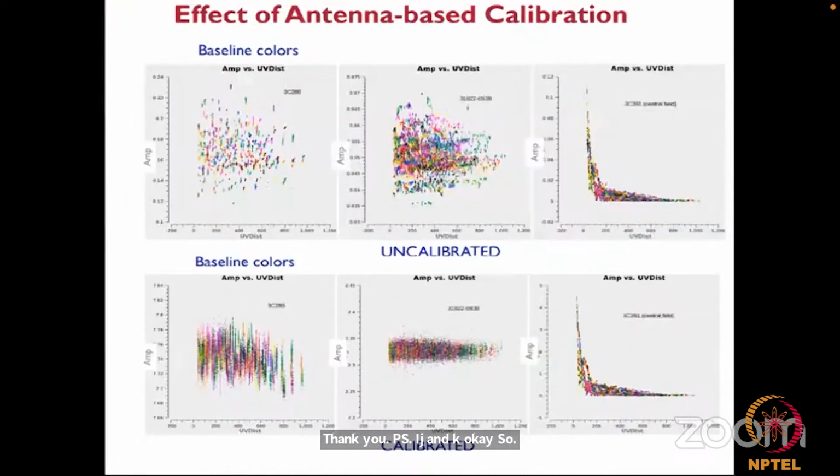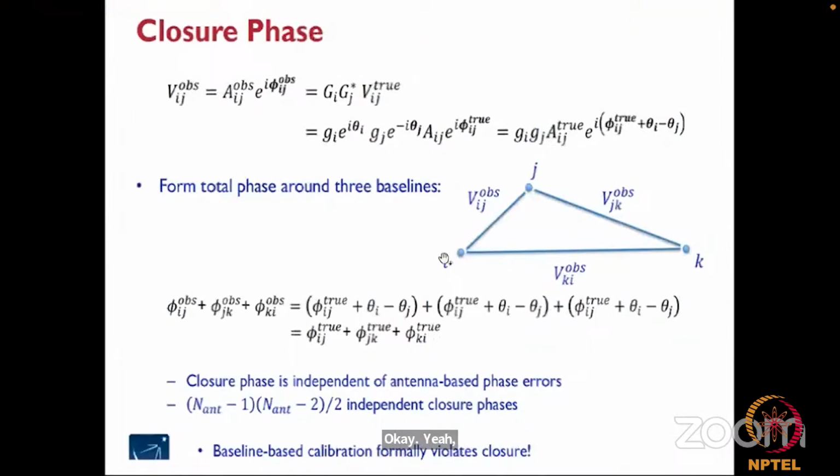If you write down the expression of the non-ideal observations and all the phases correctly, you have G_i G_j star, then G_j G_k star, and then G_k G_i star. If you write down all of them, the phase essentially cancels out, and this is called the closure phase. If there is no systematic part in it, they will basically cancel out. Just don't worry about it right now.